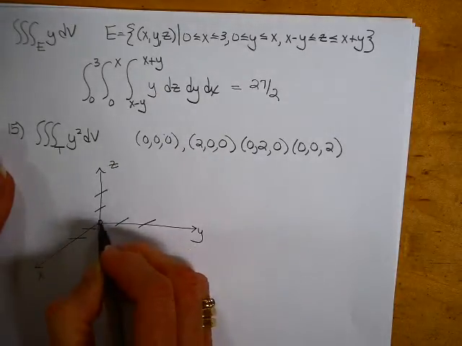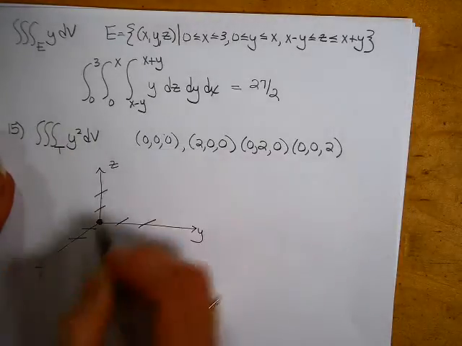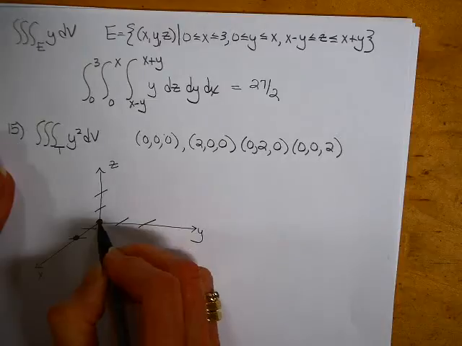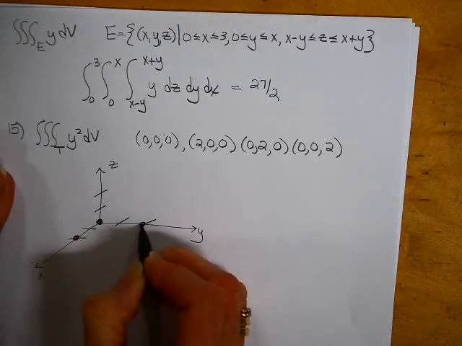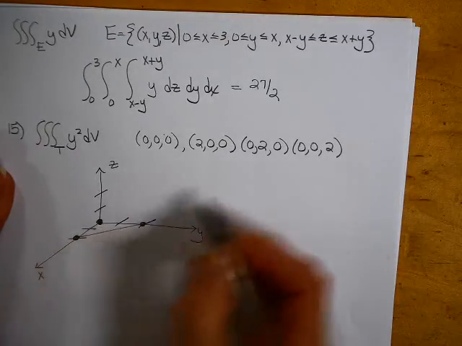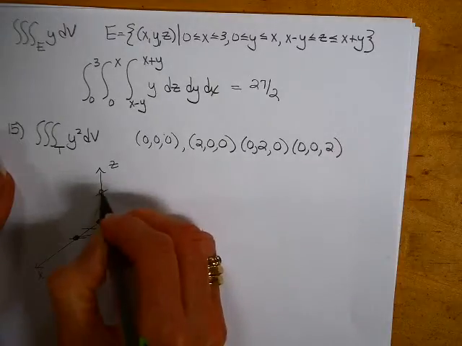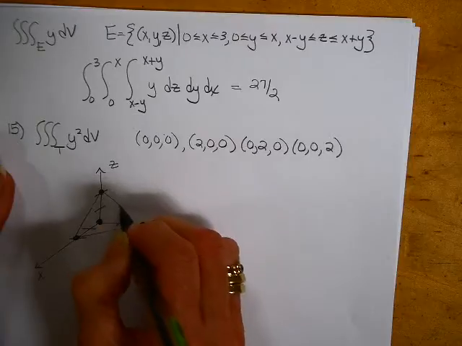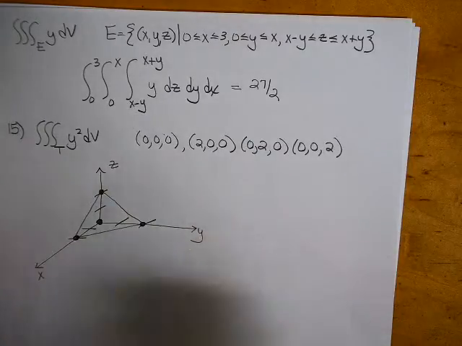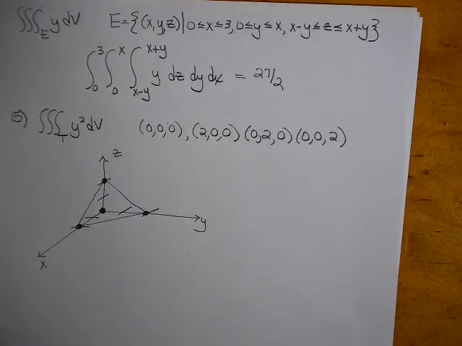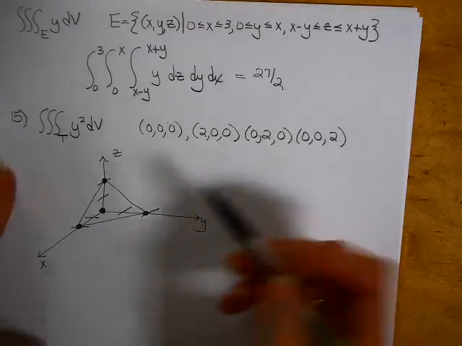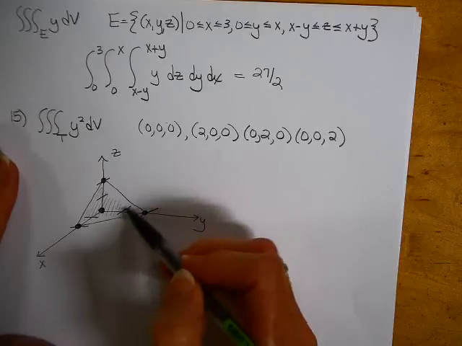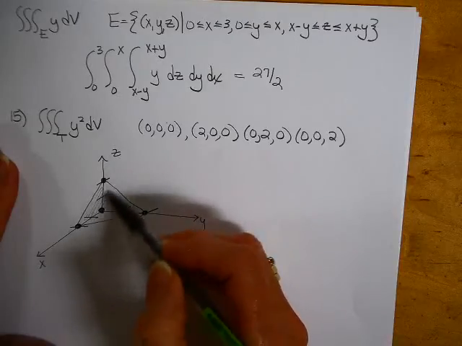So 0, 0, 0. 2, 0, 0 is right here. 0, 2, 0 is right there. And then 0, 0, 2 is right here. So here would be my tetrahedron. This is the top of my tetrahedron right here.